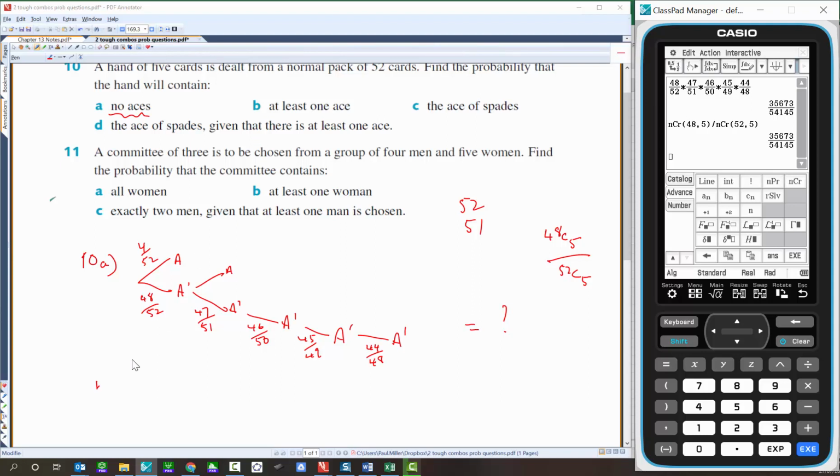Okay, now for part B, what we're looking for there is at least one ace, which means not no aces. So we're simply going to do 1 take away this answer here, which is 35673 over 54145.